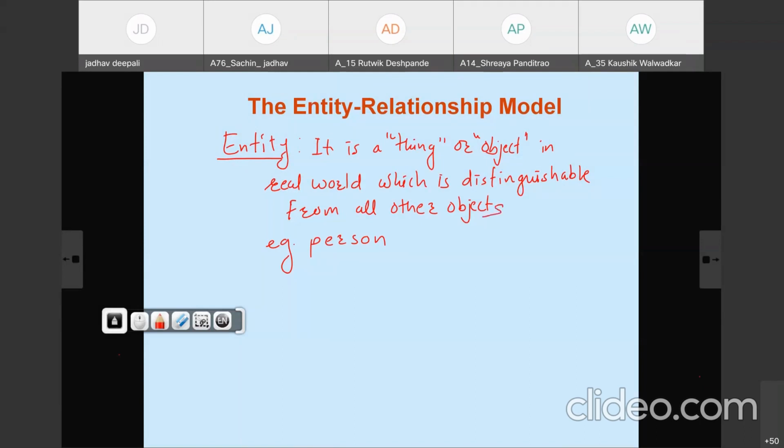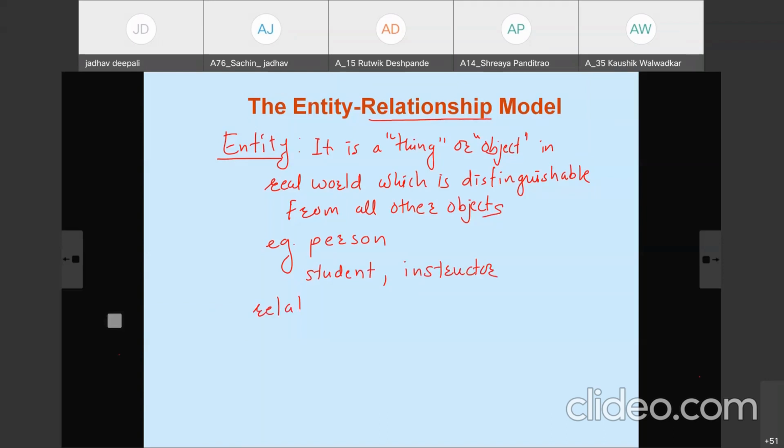Now, relationship. So what is a relationship? It is a relationship between multiple entities. Suppose we consider an example: there is a student entity and an instructor entity. So a relationship set or relationship is the relation between multiple entities.